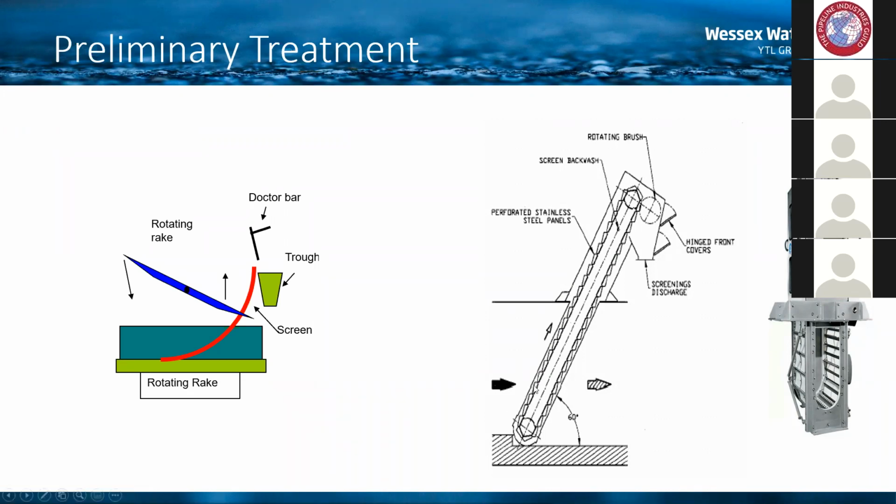As solids and rag come through, that mesh will start to blind, and the level in front of the screen starts to rise. It then uses the mesh higher up the screen, which is still clear, and allows the flow to pass through. It will then reach a point where the level reaches a certain predetermined level in front of the screen, and that will trigger a wash.